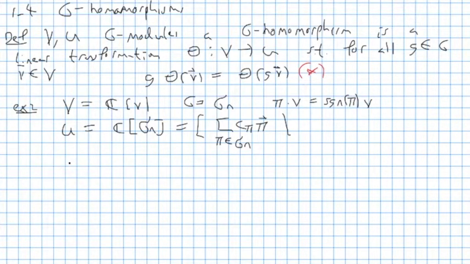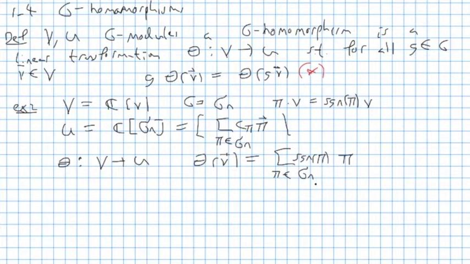Now I'm going to define another linear map from V to U, and it's enough to specify what it does to the basis. Theta of V is going to be the sum over all permutations pi, scaled by the sign of pi. So I take the sum of the permutations, and the coefficient of each permutation is its sign.